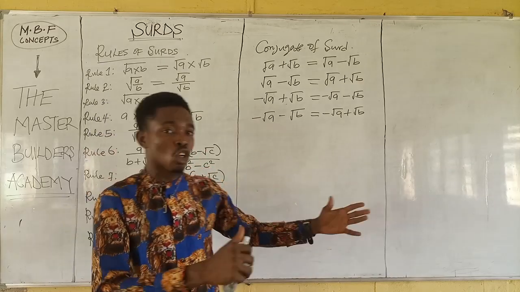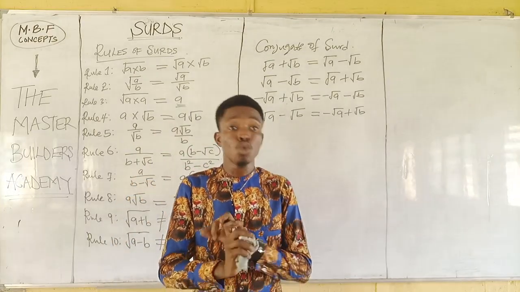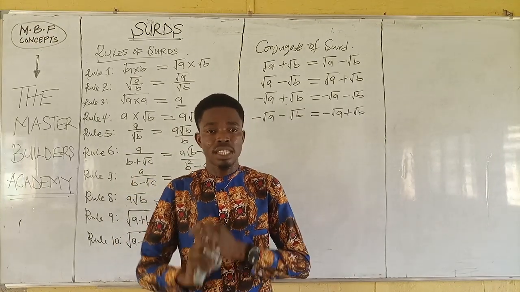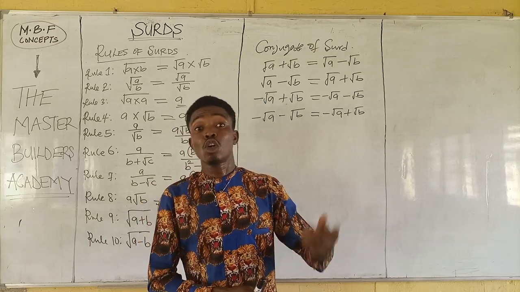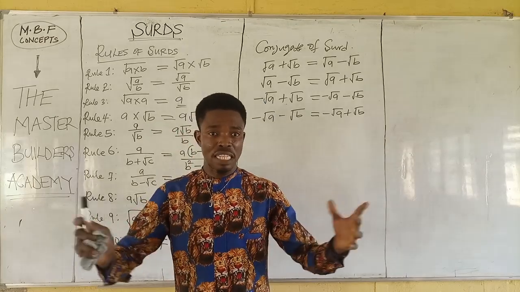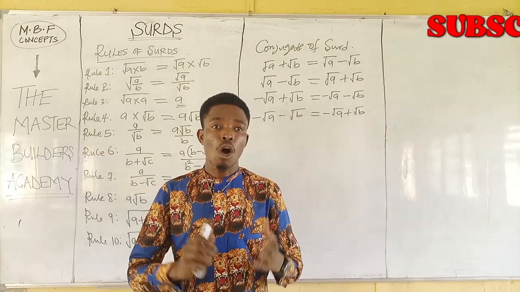So when you are asked to find the conjugate of a surd, all you need to do is change the sign that connects the two surds to the opposite sign. If you were given plus, the conjugate of plus is minus, while the conjugate of minus is plus, vice versa. This is basically used under the division operation of surds.